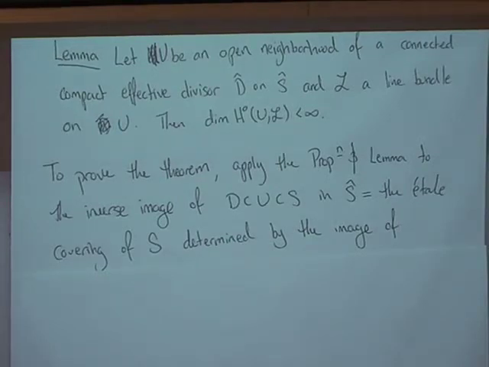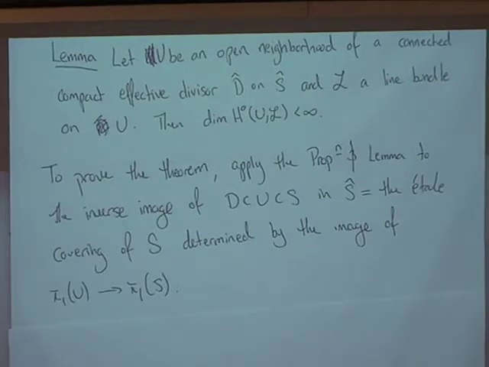So that's the key idea here: in an infinite cover, something compact is too small to be positive because it would force it to see all the geometry of the covering. And again, to get this theorem, you apply the proposition to the inverse image. I had this positive thing downstairs, and now I know it lifts to S hat as something positive. So that covering has to be finite. Okay.